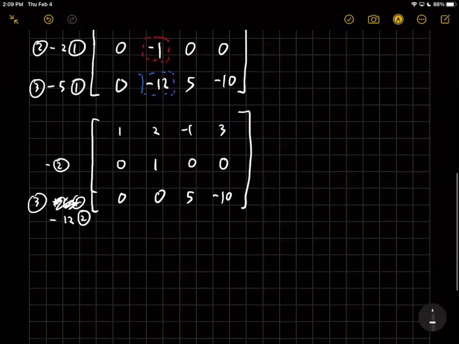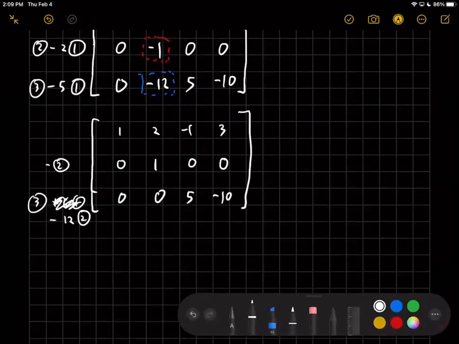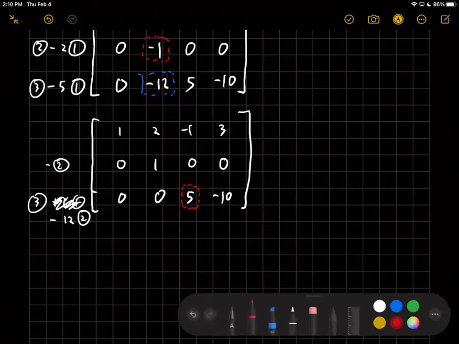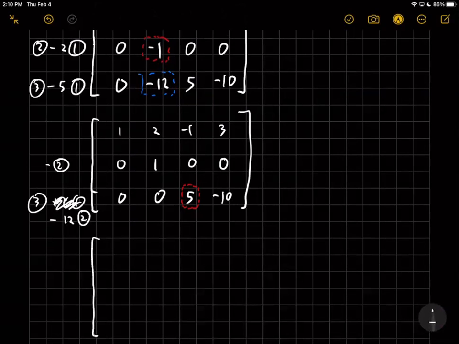We're almost there. We want to have a 1 right here, and then we'll be in triangular form. If that were a 1, we would be in good shape. A really good way to get a 1 is to multiply by 1/5, or you could divide by 5. So we're going to rewrite these the way they were.